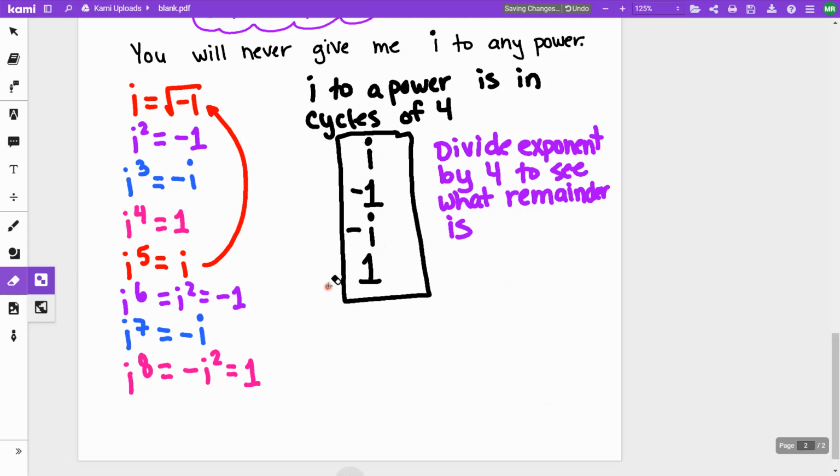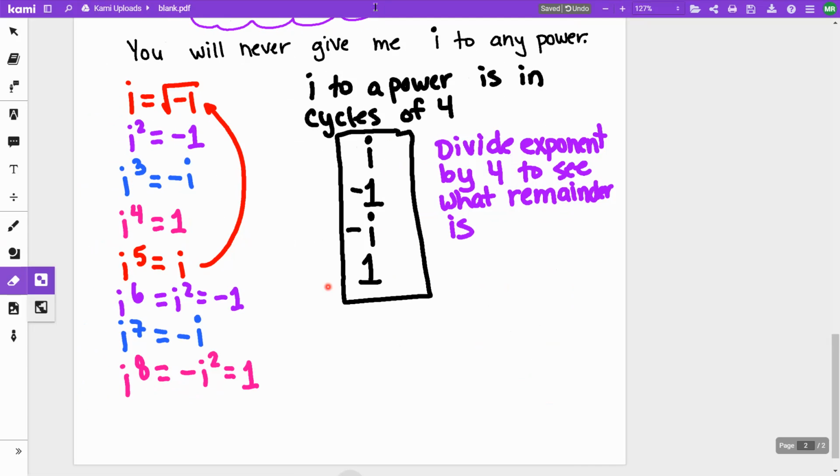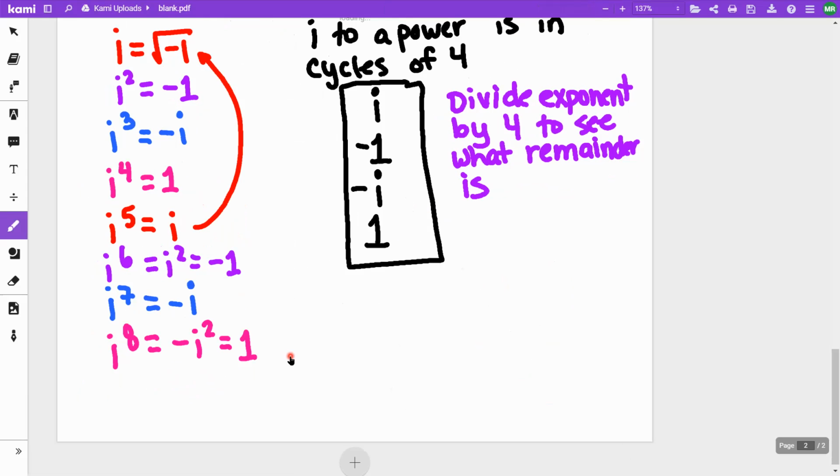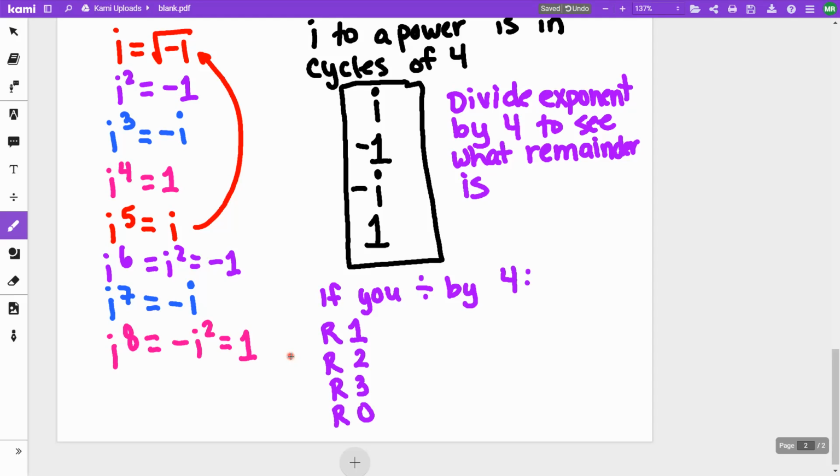So let me just write out the following. So this is the pattern, yes, but how do we get that? I'm going to write it in 2 different ways. If you divide by 4 and have the following happen, you have a remainder of 1, a remainder of 2, a remainder of 3, or a remainder of 0 because it went in evenly.